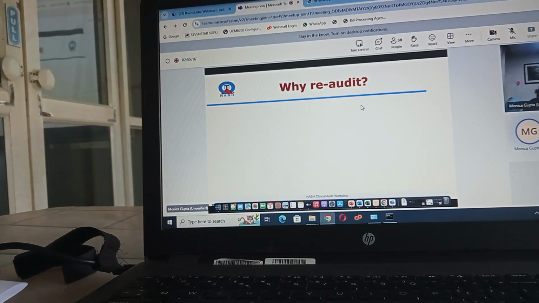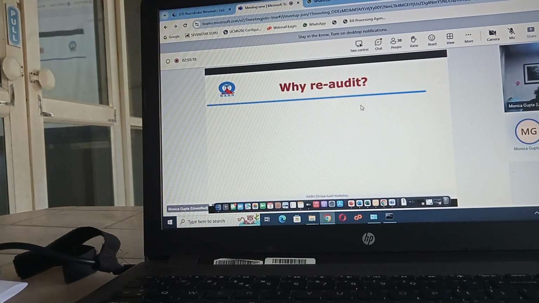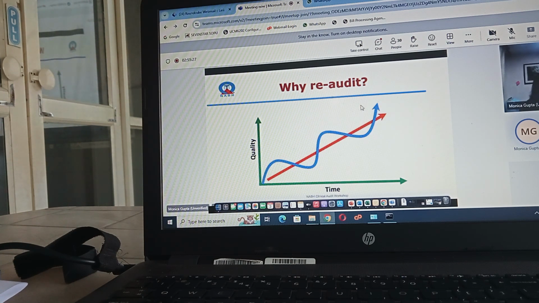Right? Okay. Now, why do we need to do audit? It's simple. You want to know whether your intervention has led to any change or not. And you want to look at what frequency you want to do it. So you may have audit cycle 1, 2, 3.